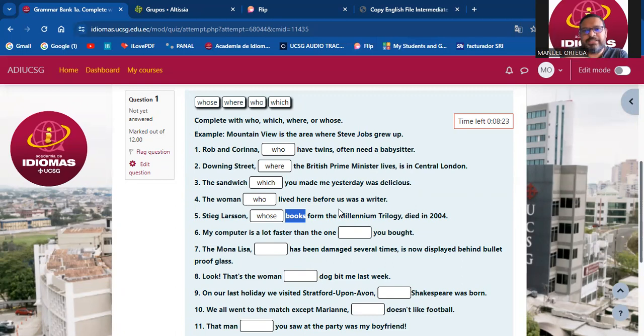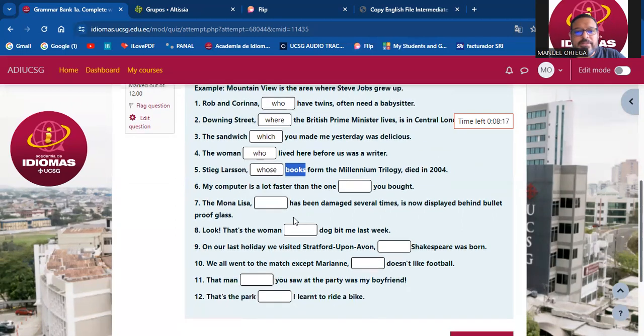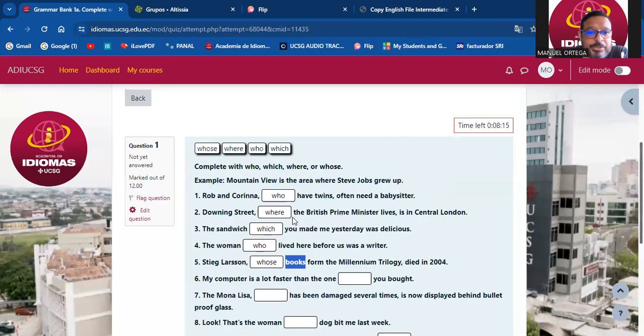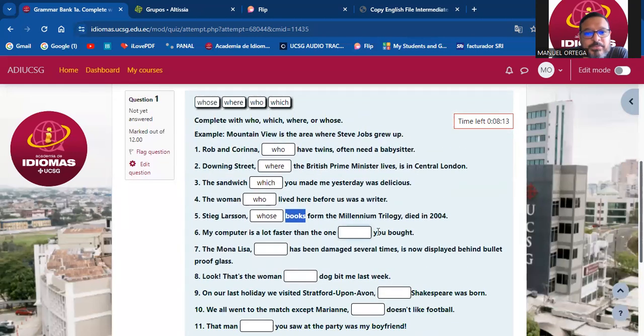No, you continue the sentence, and in this case, you find books. So los libros de Stieg Larsson. Number 6, my computer is a lot faster than the one which you bought. Which? The Mona Lisa, number 7.